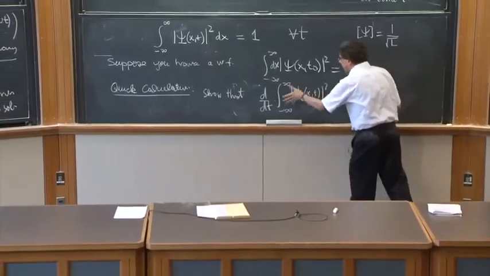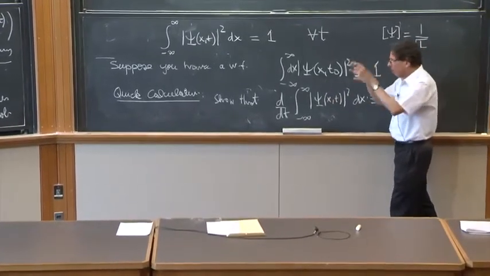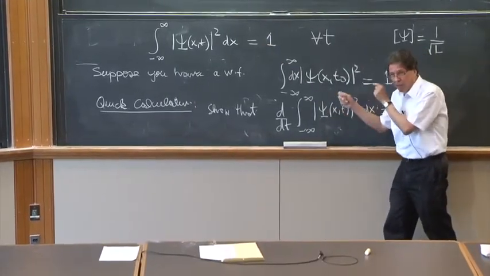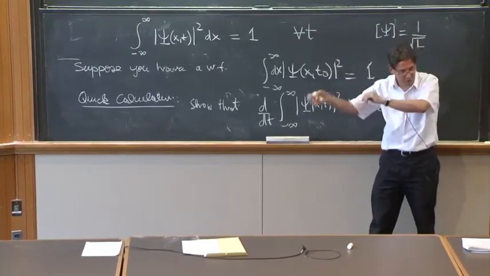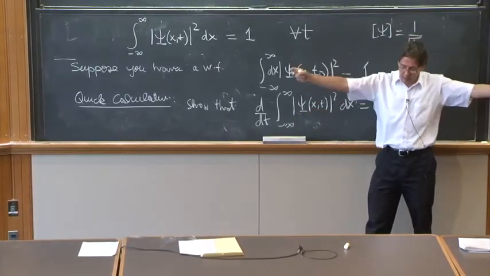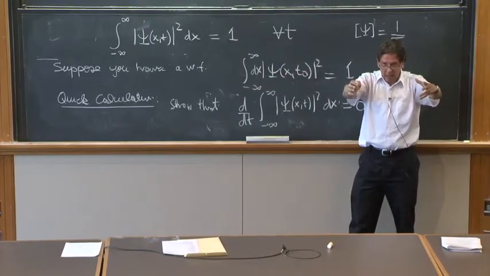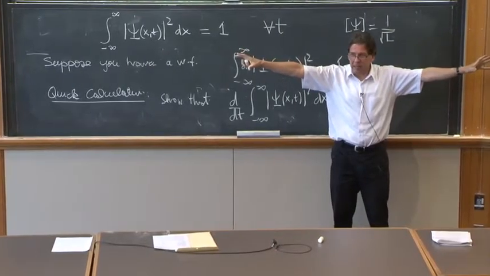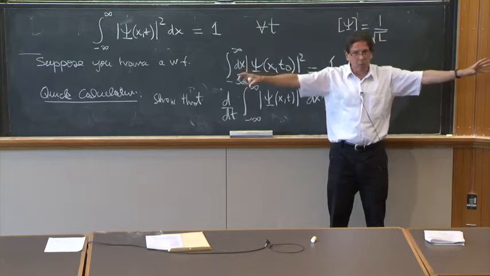You're going to take the derivative of psi, and you're going to use the Schrodinger equation. You're going to take the derivative of psi star, and you're going to use the complex conjugate of the Schrodinger equation. It's going to be a little messy, but then you're going to do integration by parts, and you're going to get 0, but only if you throw away the terms at infinity. And what gives you the right to throw them away? You will have to think.